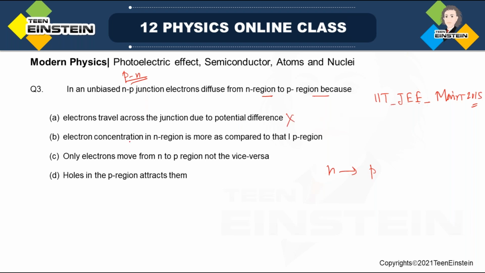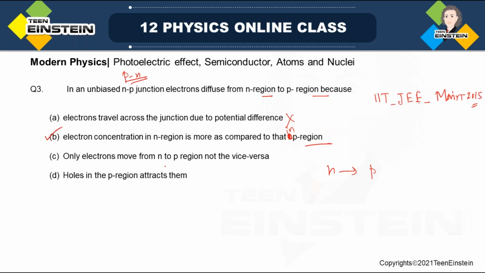No. Diffusion happens only due to concentration gradient. So electron concentration in N region is more as compared to that in the P region. So this is the correct option.